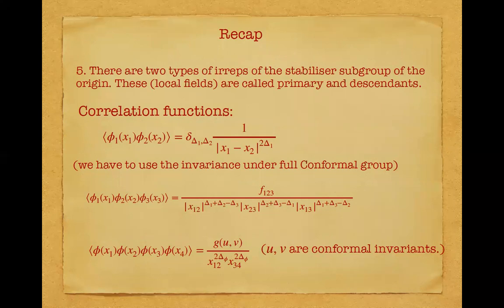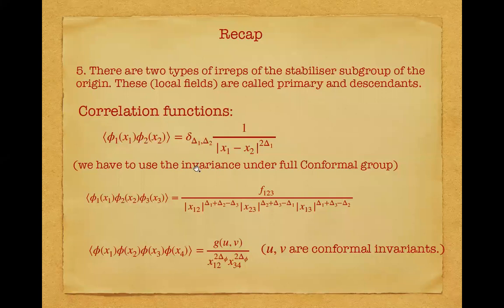We will see that these fields will play an important role in our discussion. Using the invariance under the full conformal group, we can fix the form of the 2-point function and the 3-point function completely. If you take two fields, the 2-point function is only non-vanishing when the dimensions of those two fields match.